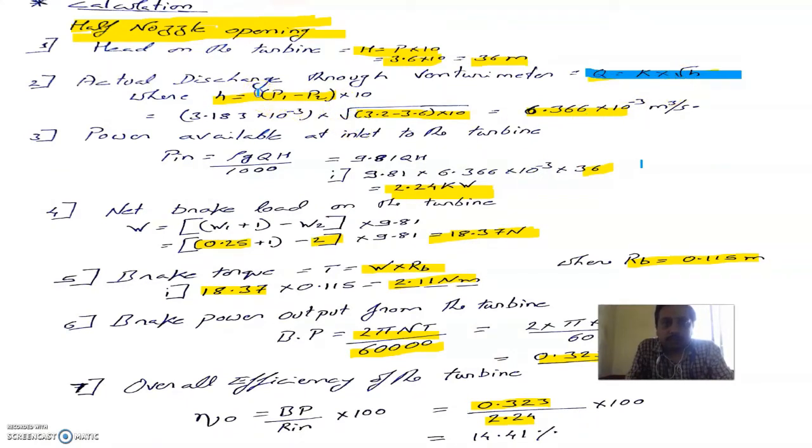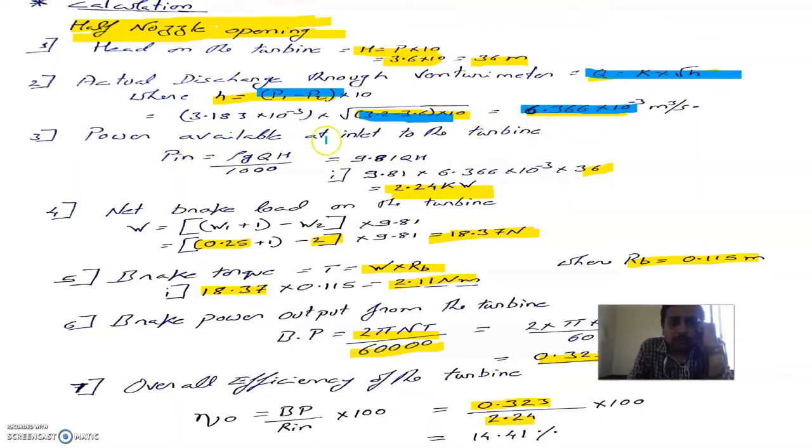H is nothing but P1 minus P2 into 10. You need to put the P1 and P2 values, into 10. So into that value of K, you will get the actual discharge through the venturimeter.